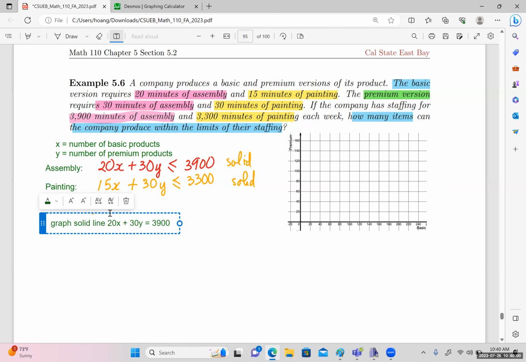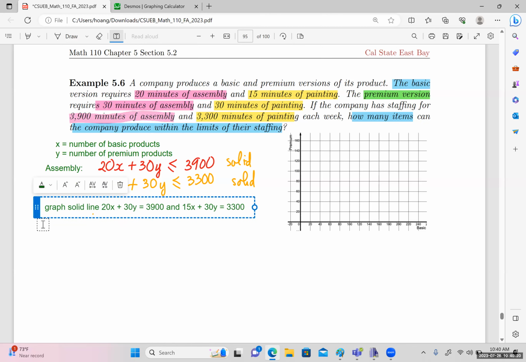You can also do it by a T table. And the second line is 15x plus 30y equal to 3300. Okay, let me show you.